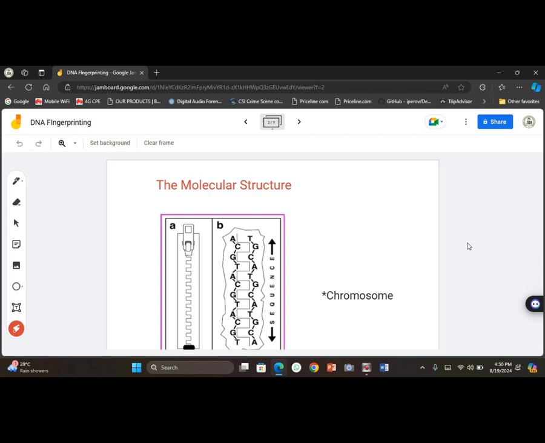Humans have 23 pairs of chromosomes, the same way we were taught then in biology, which makes 46 individual chromosomes in every human being. Half of this, 23, is from the father, and the other half, which is also 23, is from the mother.